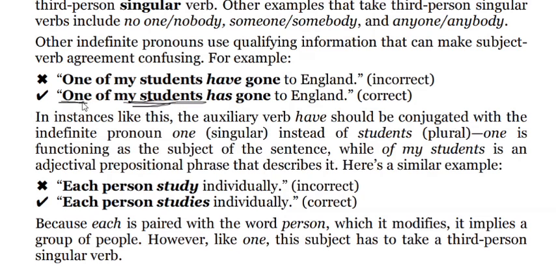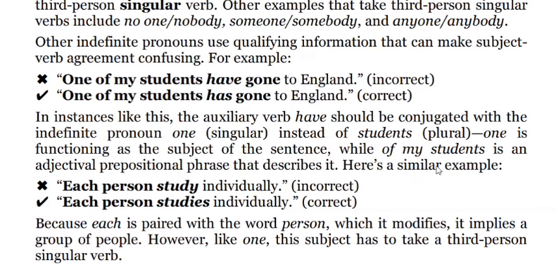One student of many students has gone to England. In instances like this, the auxiliary verb have should be conjugated with the indefinite pronoun one, singular, instead of students, plural. One is functioning as the subject of the sentence while of my students is an adjectival prepositional phrase that describes it.